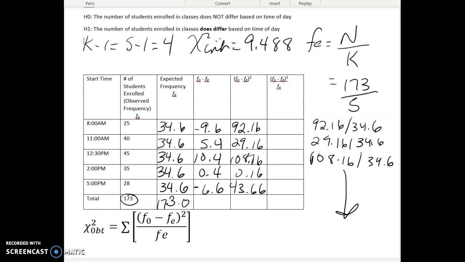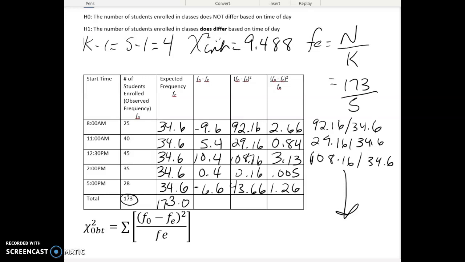All right, and so that's going to give us values of 2.66, 0.84, 3.13, 0.005, and 1.26.